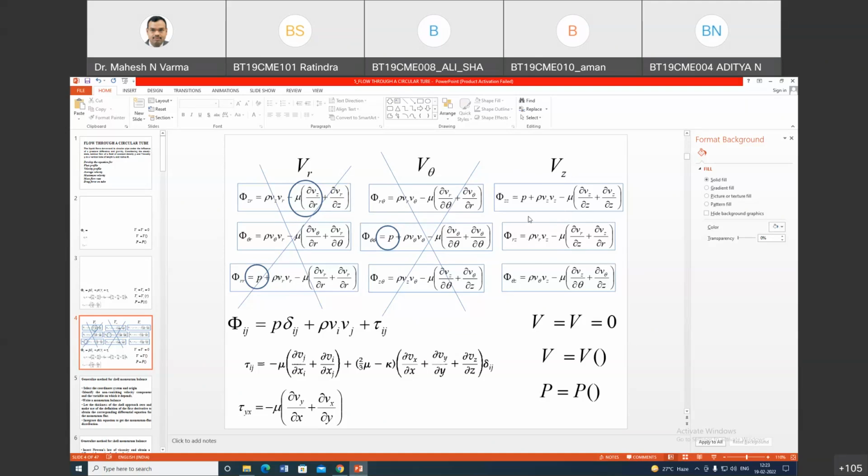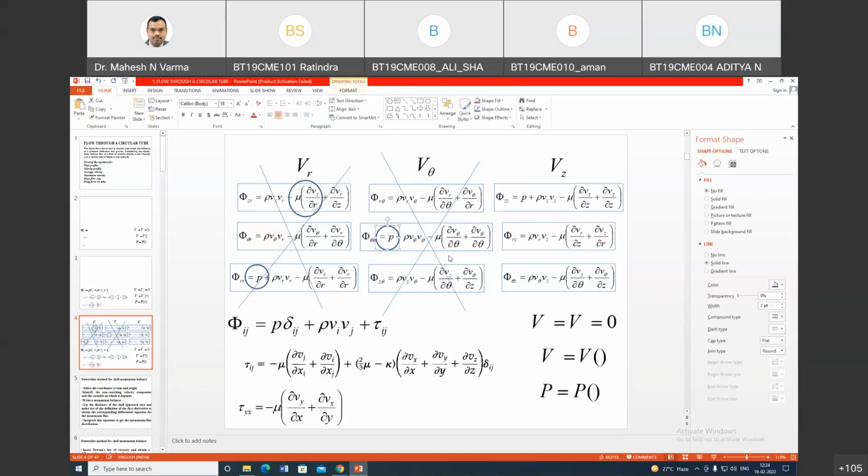So now tell me, what are the non-zero terms in this z momentum component? Roll number 29, Vedant. Yes, sir. Which is non-zero term? Phi zz will have P non-zero.